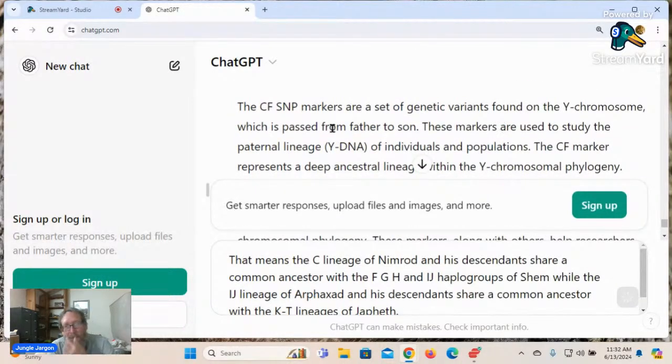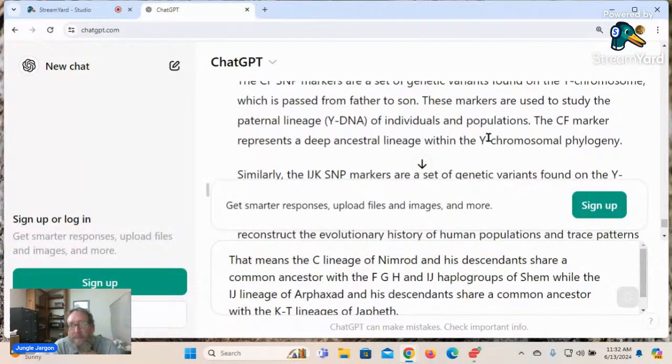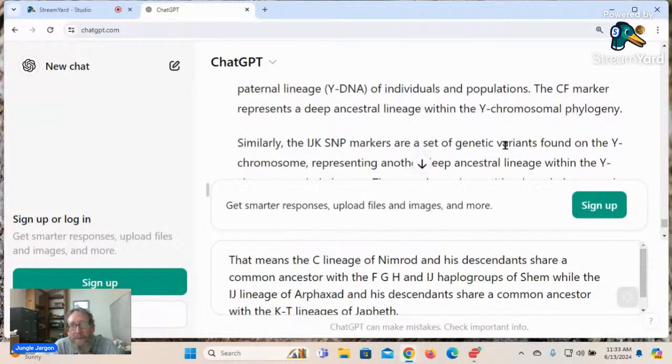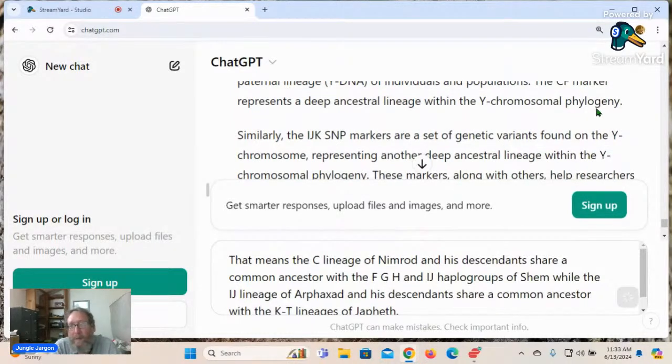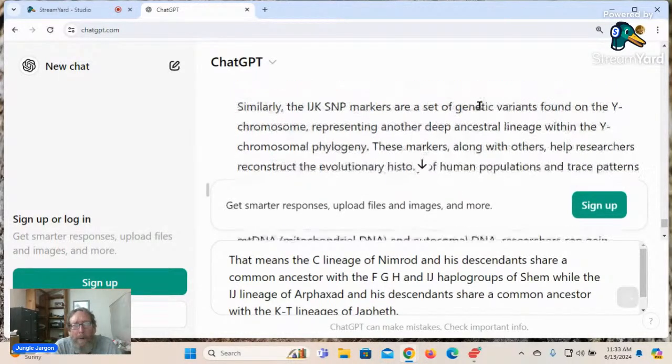The CF SNP markers are a set of genetic variants found on the Y chromosome, which is passed from father to son. These markers are used to study the paternal lineage, Y DNA, of individuals and populations. The CF marker represents a deep ancestral lineage within the Y chromosomal phylogeny.